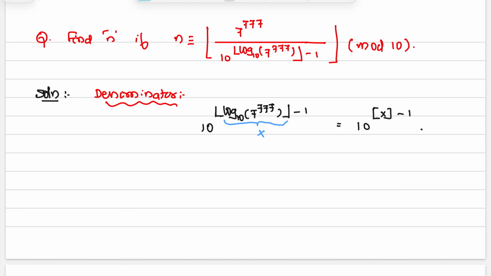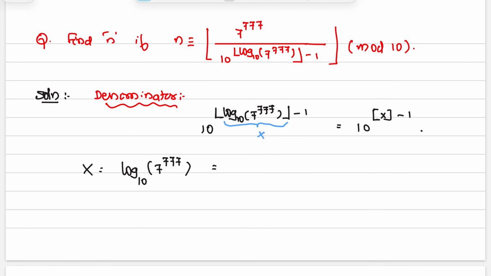Then let us find out what x is. We are only talking about the denominator now. x is equal to logarithm to the base 10 of 7 to the power of 777. This is x.